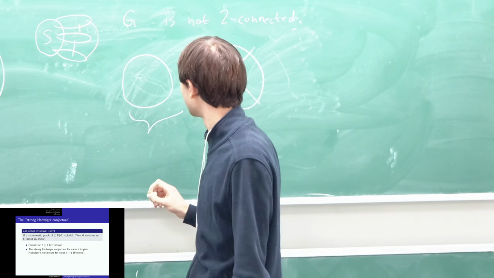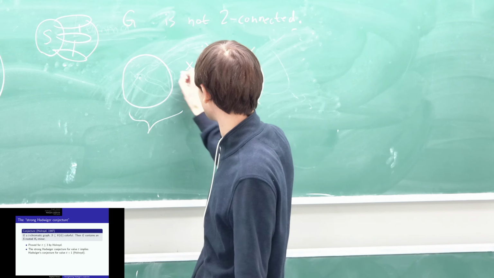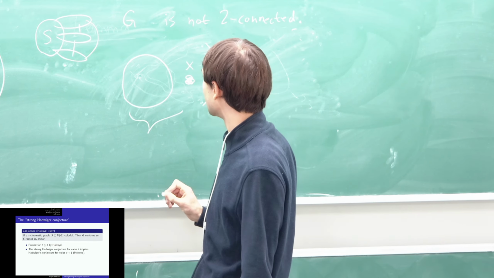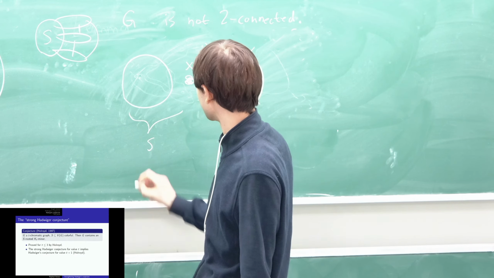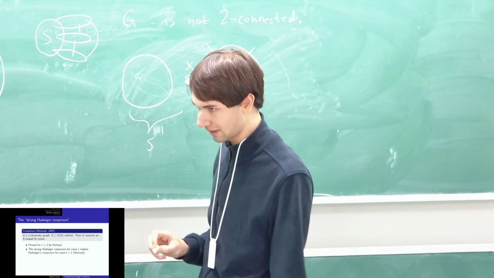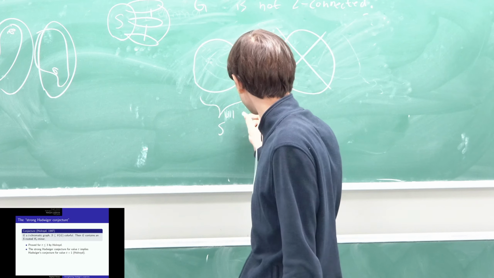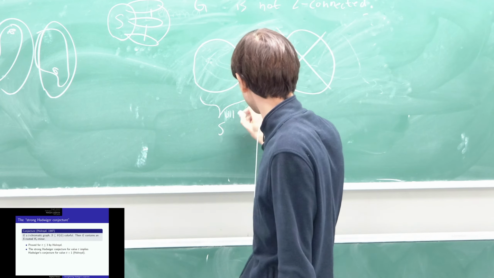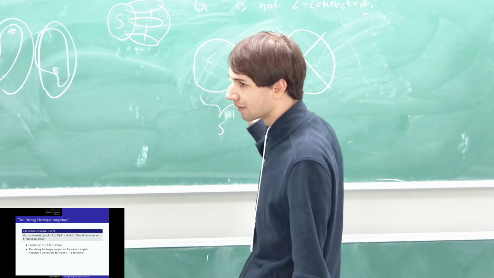Now by induction, I know that this graph, together with X, has a coloring with 3 colors in which the set S, which is a subset of this part, does not have all 3 colors. Right? Because if every coloring with at most 3 colors had all 3 colors in S, we could apply induction here, and it would be a smaller counterexample.